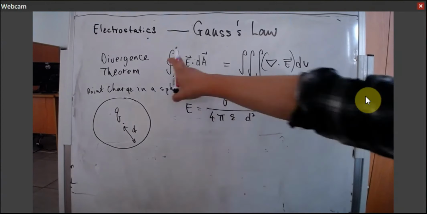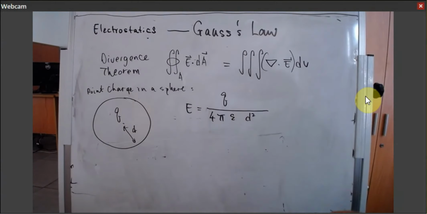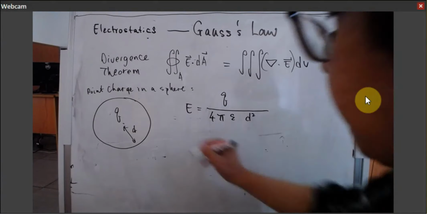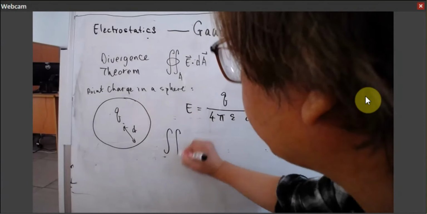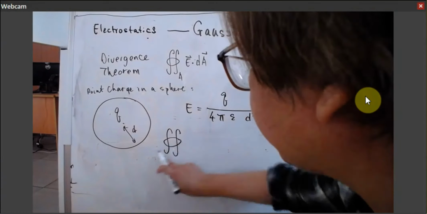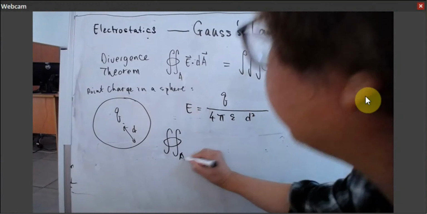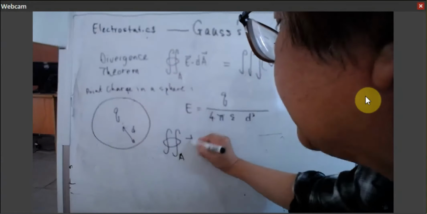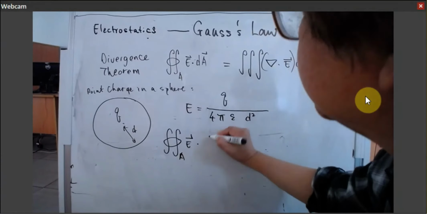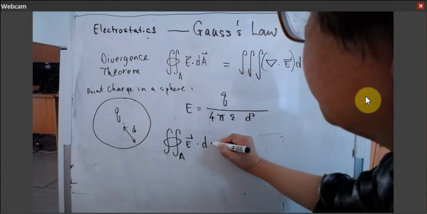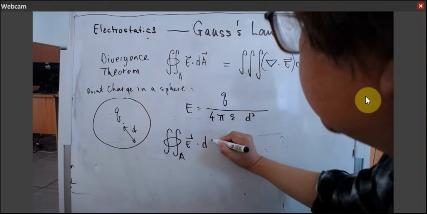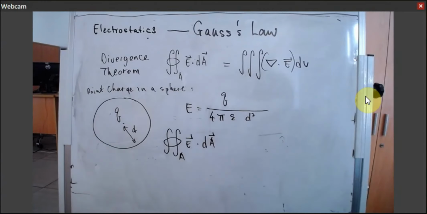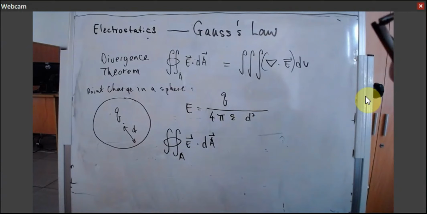Now let's apply this formula to see what happens. The integral of E dot product with the area vector.